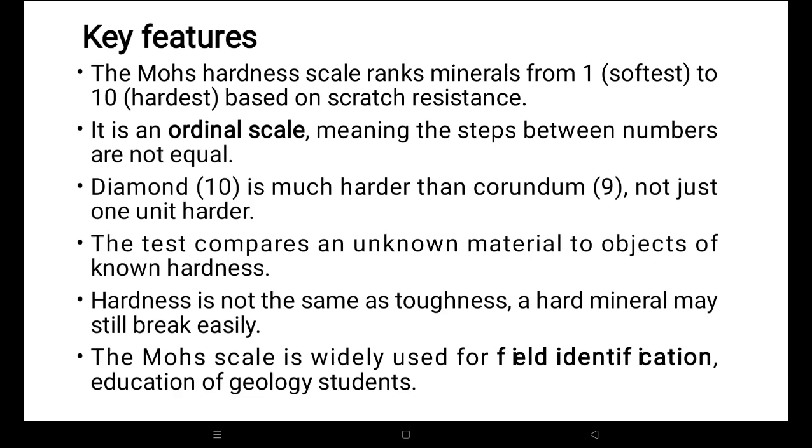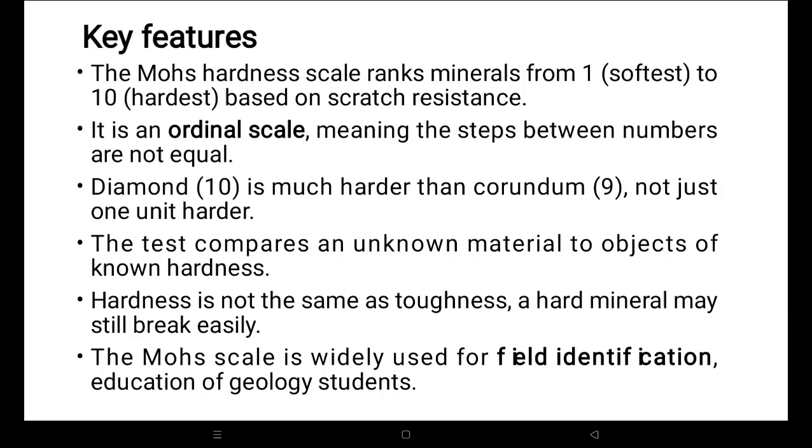So it is an ordinal scale. Ordinal scale means the steps between numbers are not equal. Suppose there is corundum and there is diamond, the corundum hardness is 9 and diamond's hardness is 10.